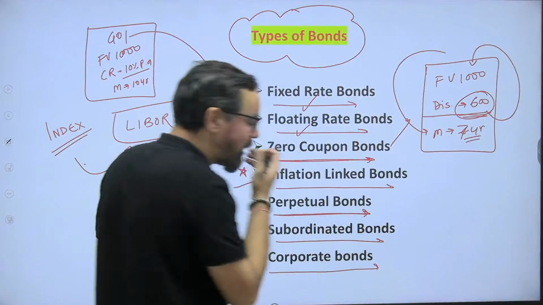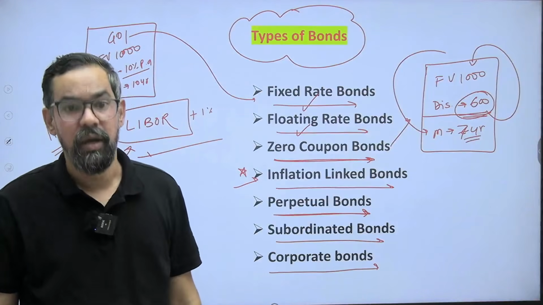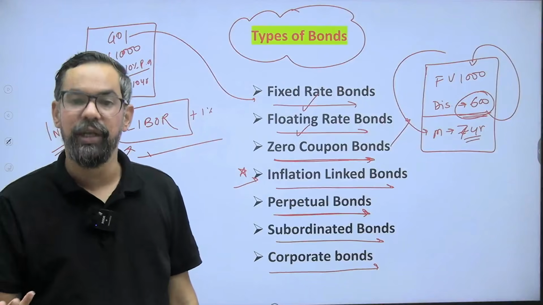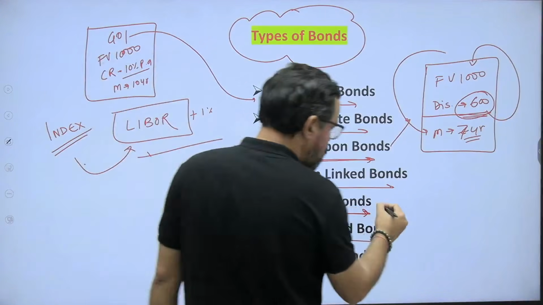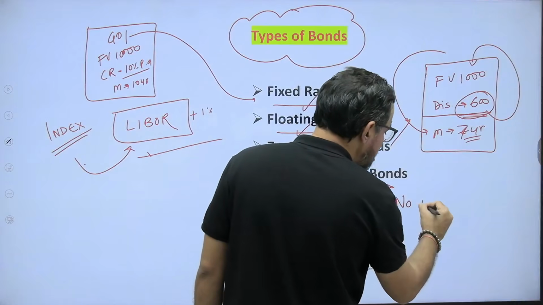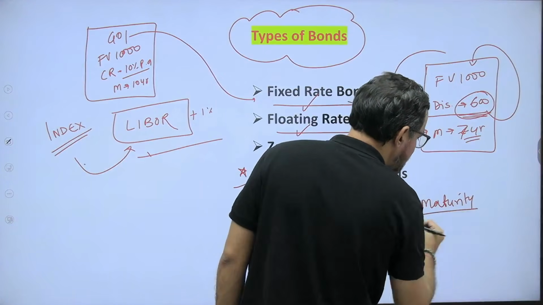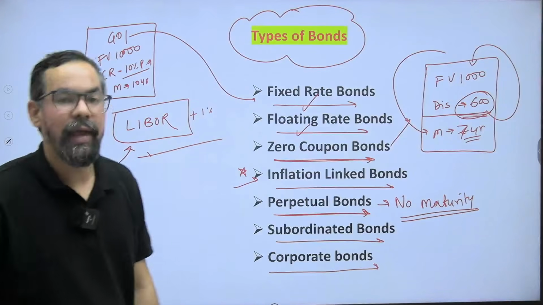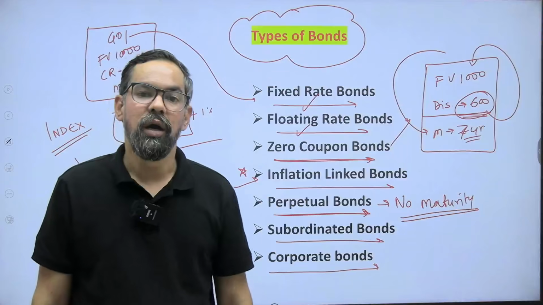Perpetual bonds, when it comes to perpetual bonds, it is also known as PrEP. PrEP means a kind of equity. So this is called a bond with no maturity period. So that means there is no maturity in this particular case. It is a kind of equity.